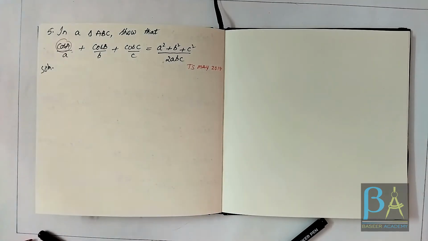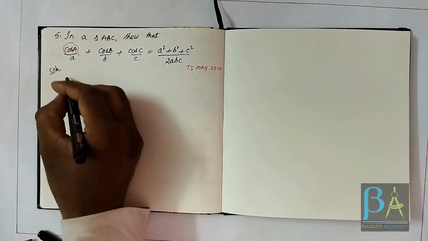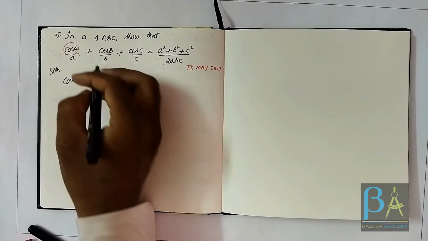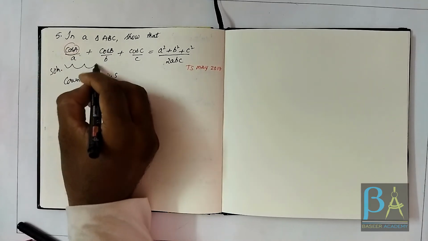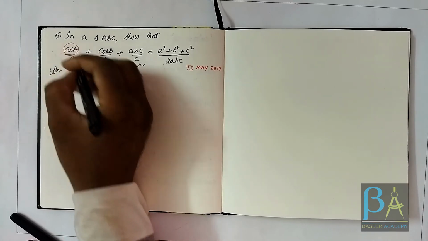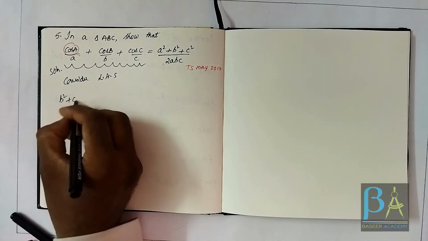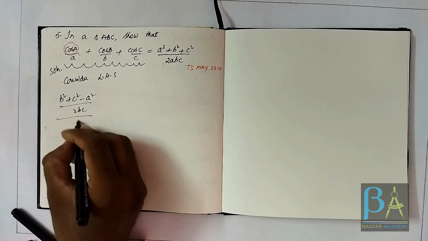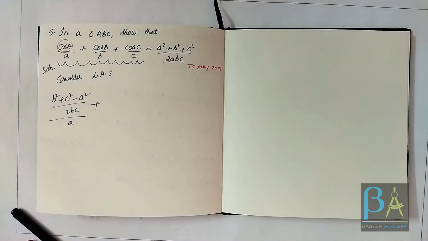I'm just going to consider the left hand side first. So let us consider the left hand side, which is this thing. In place of cos A, we can write b square plus c square minus a square by 2bc. I hope you remember the cosine formula here.